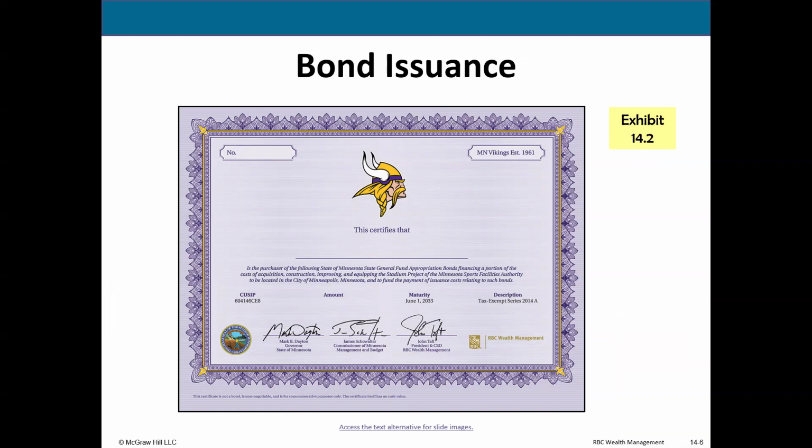And what you see right here in front of you on the slide is a bond certificate, which shows a couple of key pieces of information: the holder of the bond, the number, when the bond matures, if it's tax exempt or not, the amount, etc. Oftentimes it'll state the interest rate as well. So this is just what a typical bond looks like.